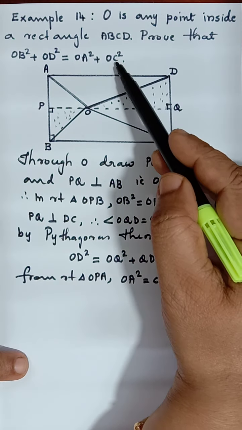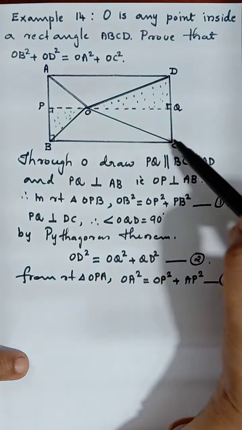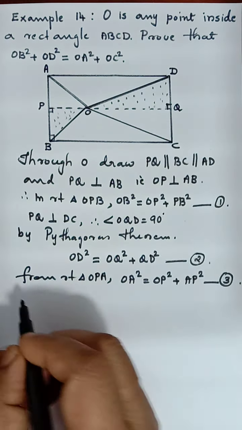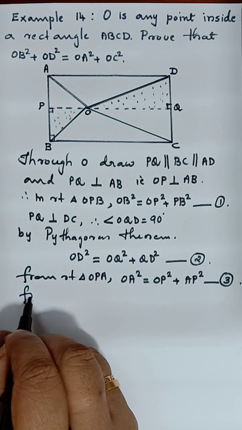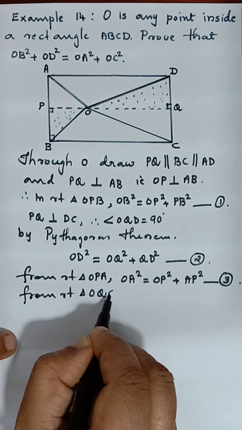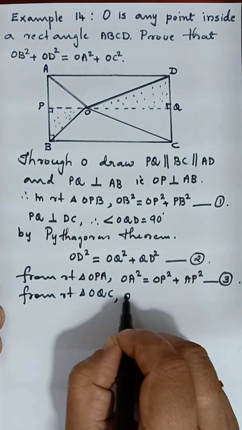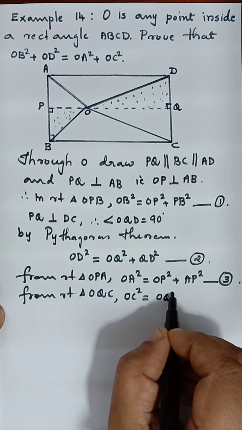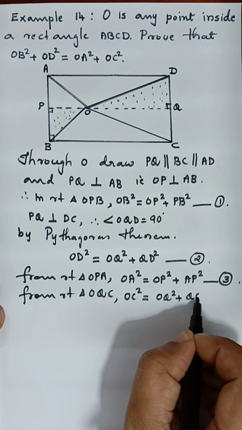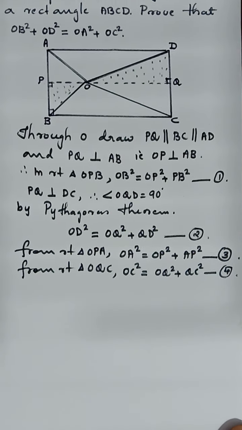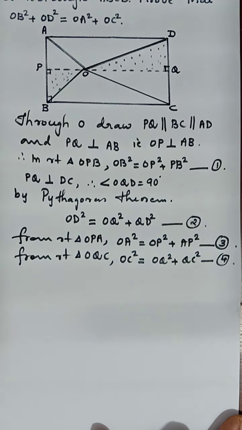Similarly, we write 4 also, that is OC square. For OC square, we consider right triangle OQC. From right triangle OQC, OC square is equal to OQ square plus QC square. That is equation number 4. Now all the 4 equations we got.